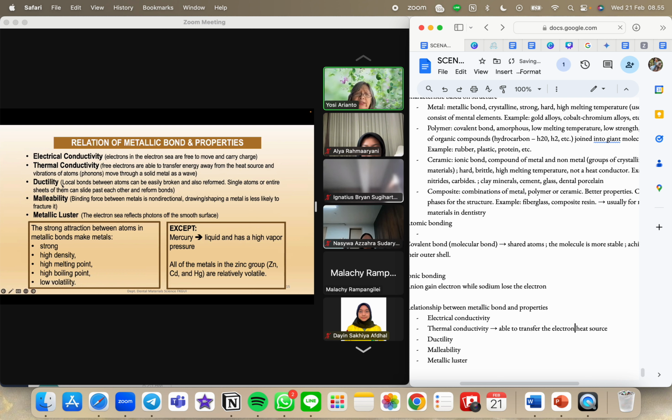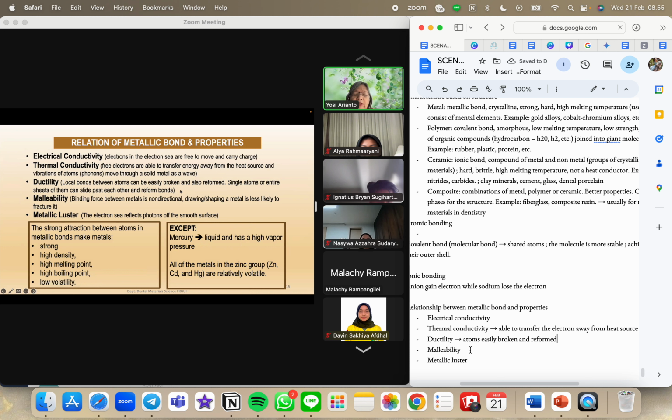Next is ductility. Usually, the bonds between the atoms can be easily broken and also reformed. The single atoms or entire sheets of them can slide past each other and reform bonds.